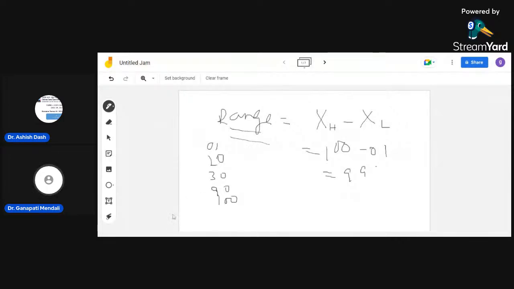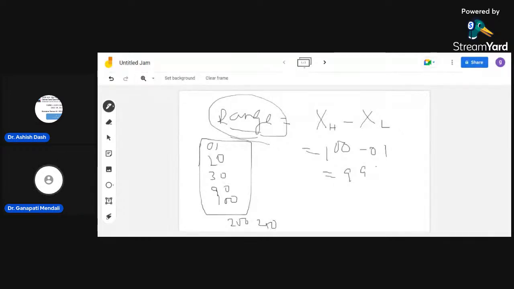Here we have 5 observations; if the sample size increases to 200 or 250, the range will again increase. It is simple to understand and easy to calculate.